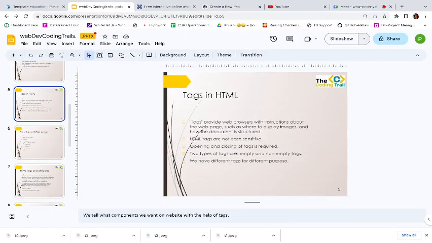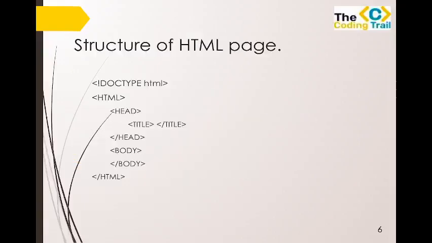So let us now switch to our next slide. So my next topic is basic structure of an HTML page. Now what is this basic structure of an HTML page? I mean it might sound a little difficult to you, but to be very honest, it's a very simple thing. Just like we have some writing grammar for each language, maybe Hindi, English, Spanish, French, every language has its own grammar, right?